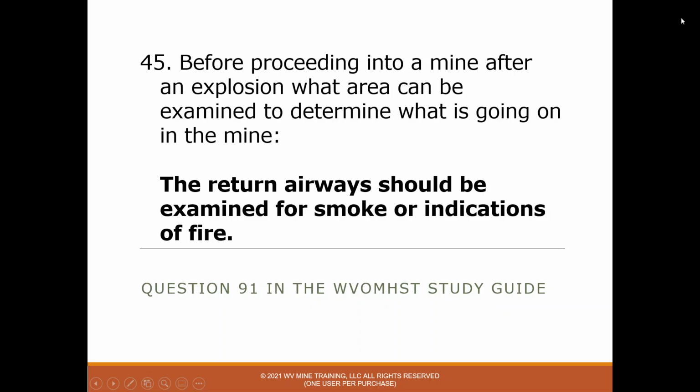So if you don't know what's going on in the mine, one thing that you can get some information from is what's coming out of the mine. So you could see if there's smoke, the indication of a fire. You could do gas tests. Are there levels of carbon monoxide? Are there levels of methane? So you can learn a lot about what's going on in the mine by seeing what's coming out of the mine.